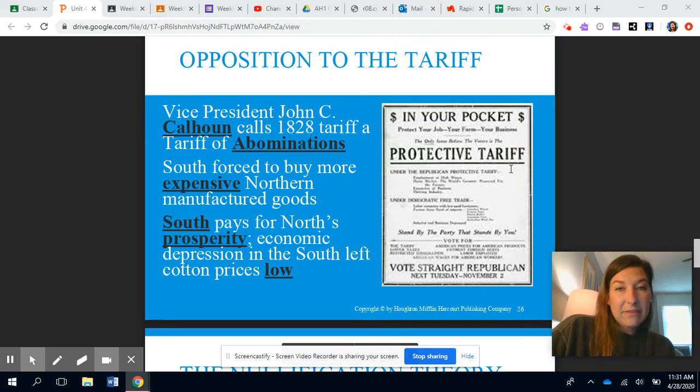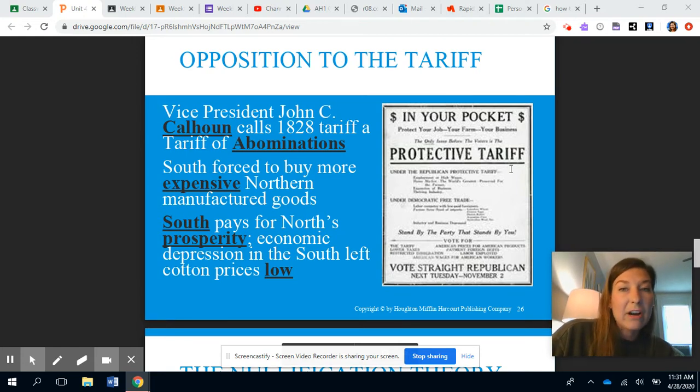We have a specific region that we keep talking about that is not friendly with the tariff. That would be the South. The South is opposed to the tariff because it makes all of those manufactured goods more expensive. So remember, for our economies, you had the North that was producing the manufactured goods, you had the South based in agriculture.